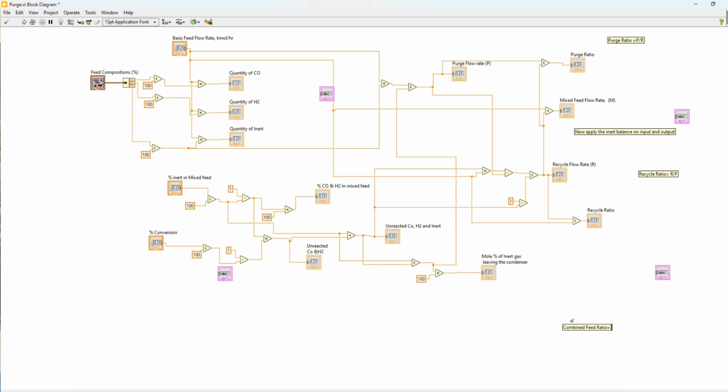So that means here we'll see the ratio. This is nothing but M by F. So M is the mixed feed. We have already calculated this one.